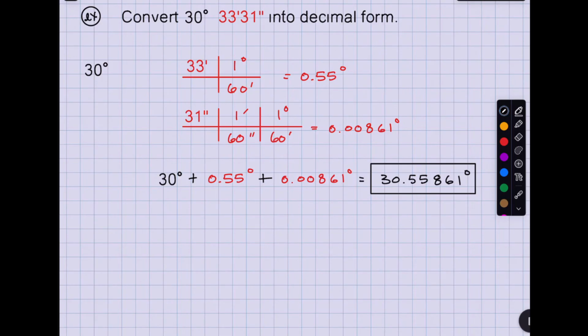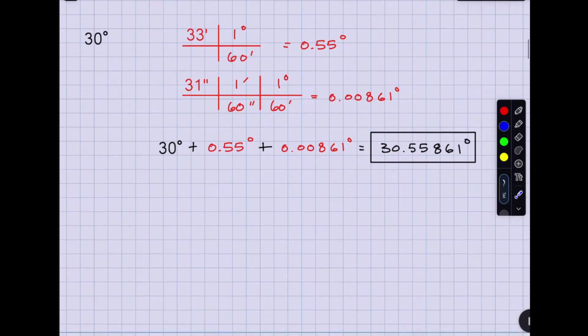Because if I just say 2 decimal places, this would just get to 0.01, which is a lot larger than 0.0086. So I would say 2 decimal places with numbers. Is that fair? Yeah. So if you had this as 30.5586, I'm not going to mark off credit for it.